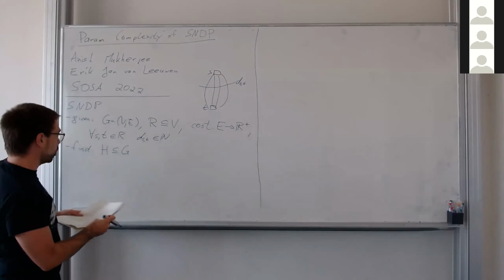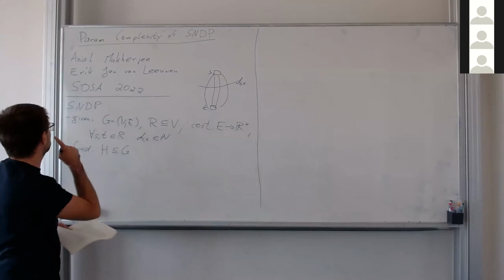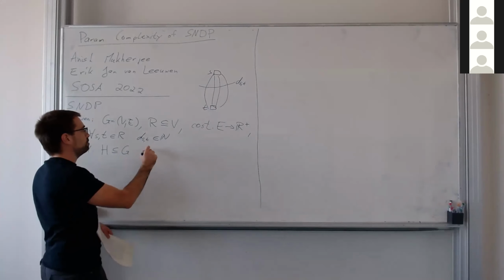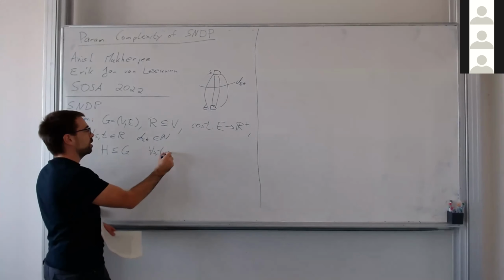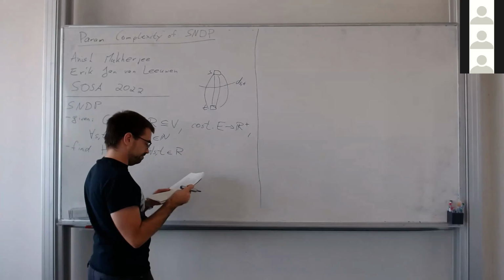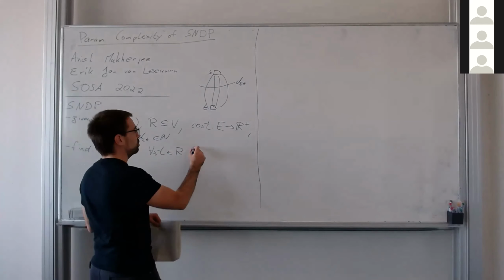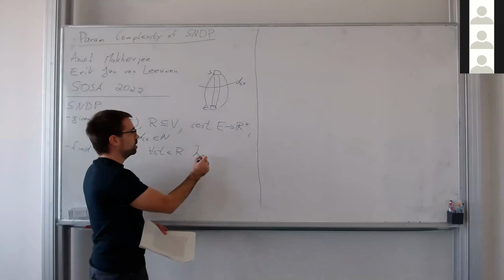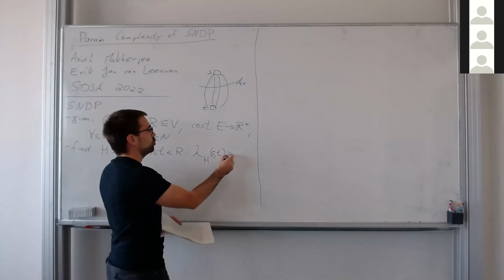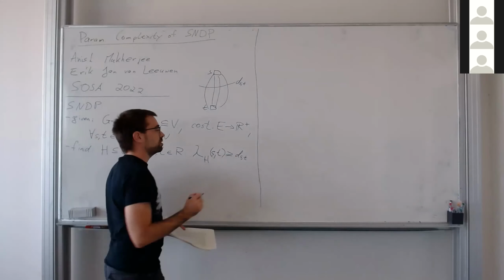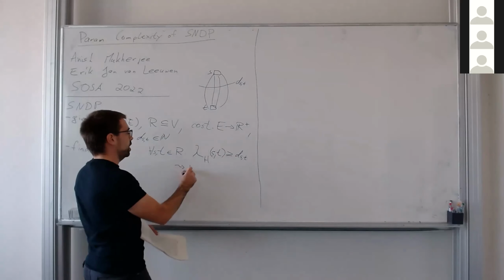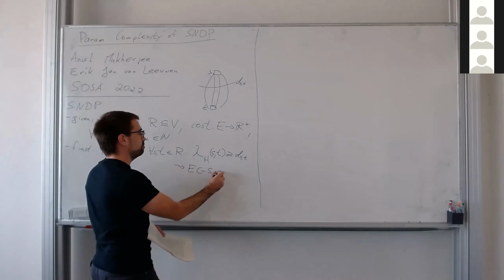So for every pair of terminals, we have that the edge connectivity, which is usually denoted by lambda, in the graph H, in the solution, between S and T should be at least the demand. This would be the edge connectivity SNDP problem.